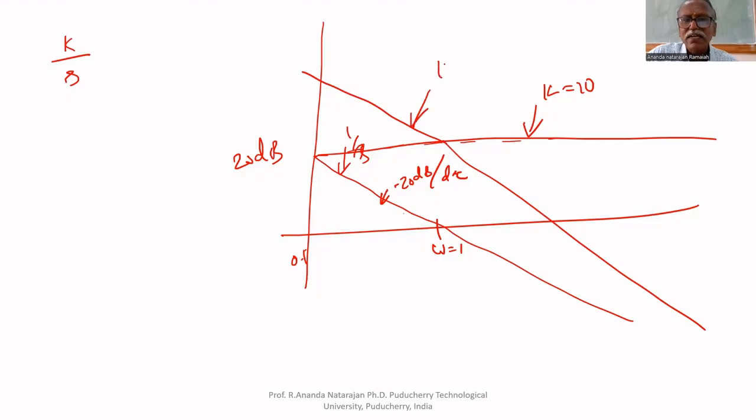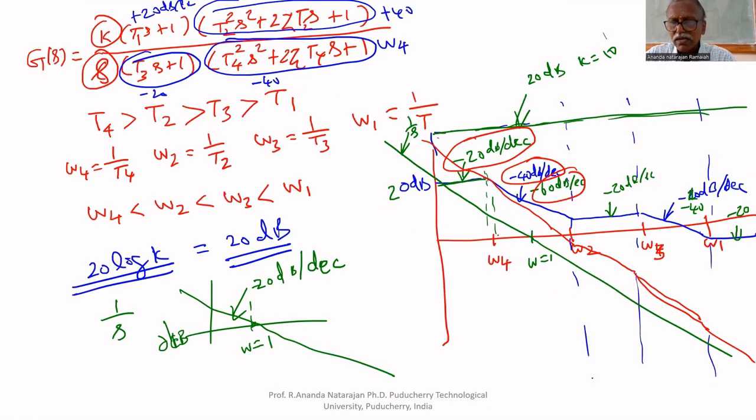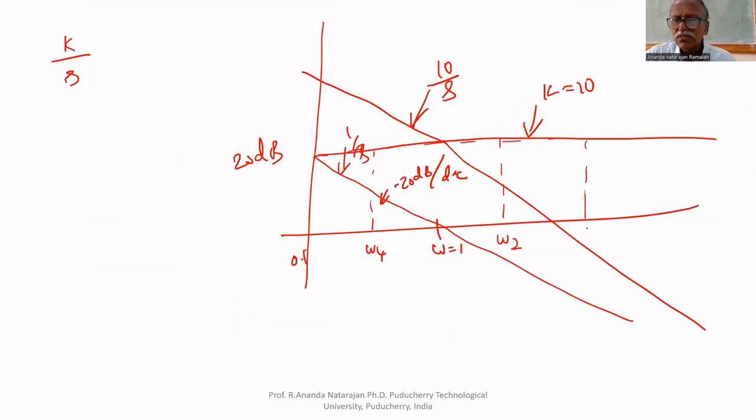This is 10 by s. Am I correct or not? This is 10 by s. Now we have to add the previous plot. This is omega 4, this is omega 2, this is omega 3, and this is omega 1.